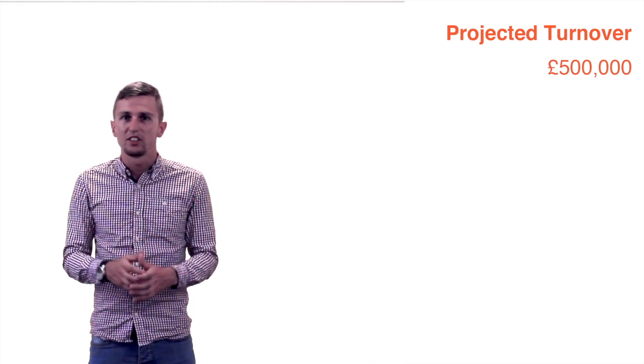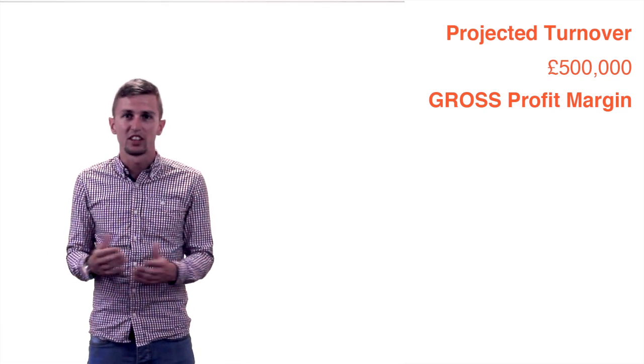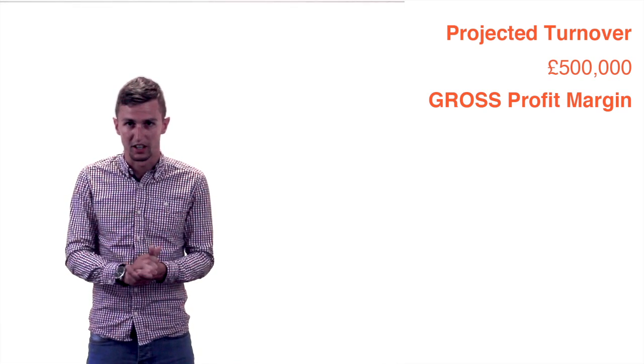So first off, you're going to need your projected turnover for this year's period. Now in this case, we're going to take an example figure of £500,000. Next up, you're going to need your gross profit margin as a percentage of that turnover figure.